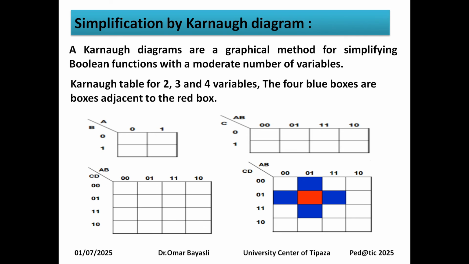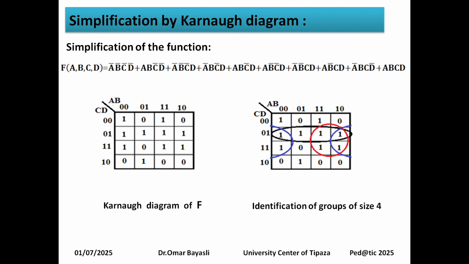And we can find the Carnot table with 3 variables, a, b, and c, as shown in the following Carnot table. And we can find the Carnot table with 4 variables, as shown in the following Carnot table.